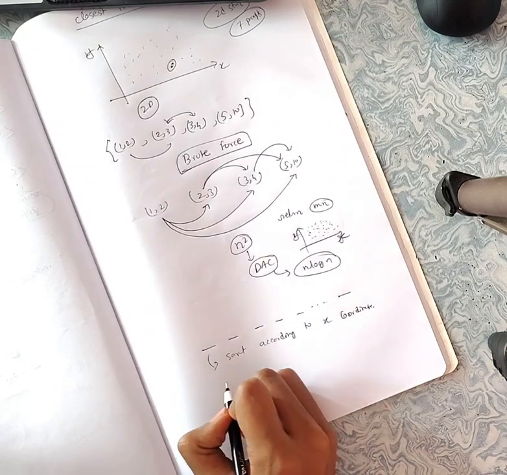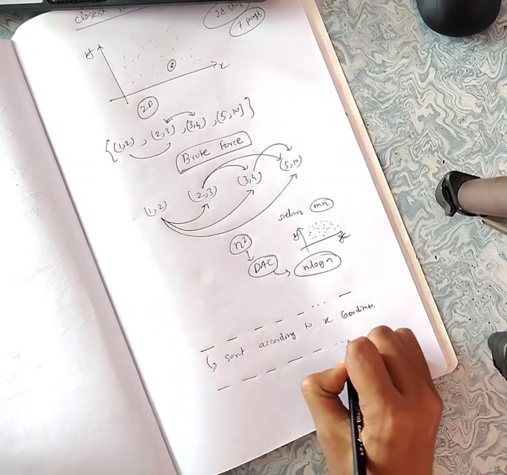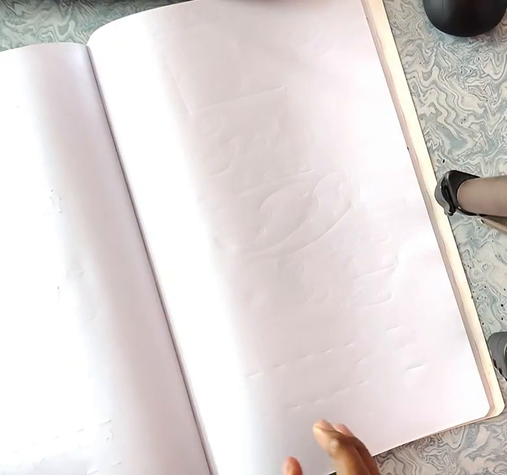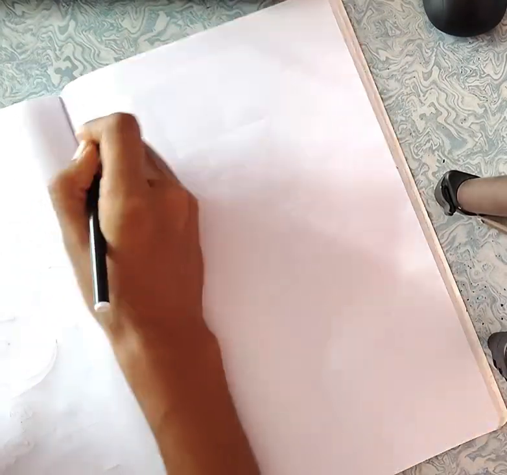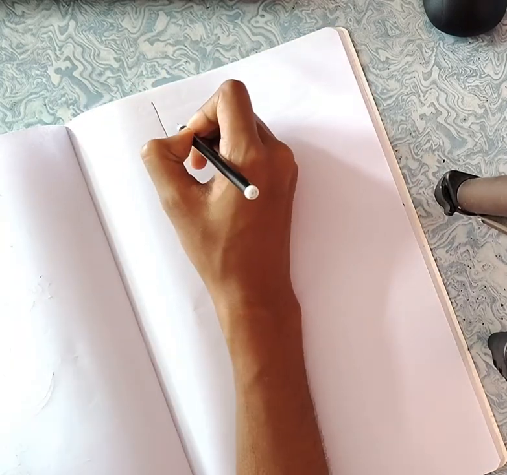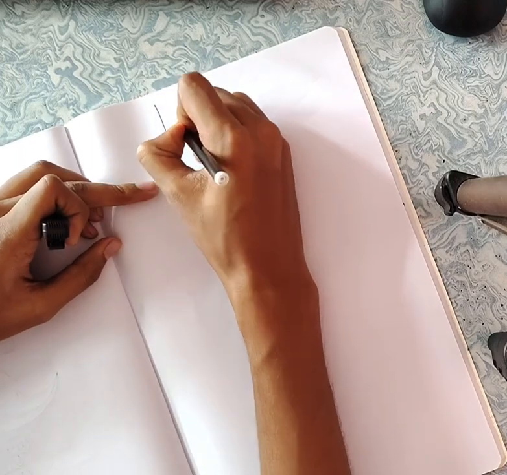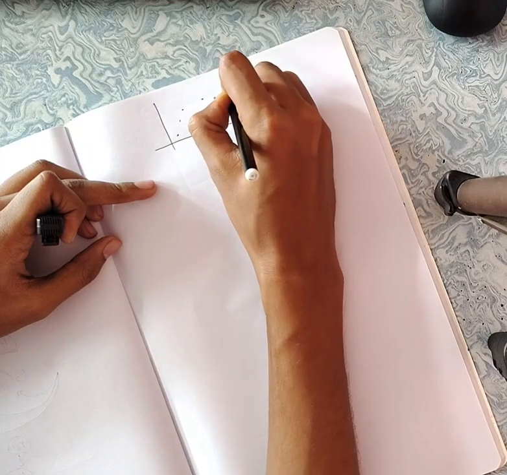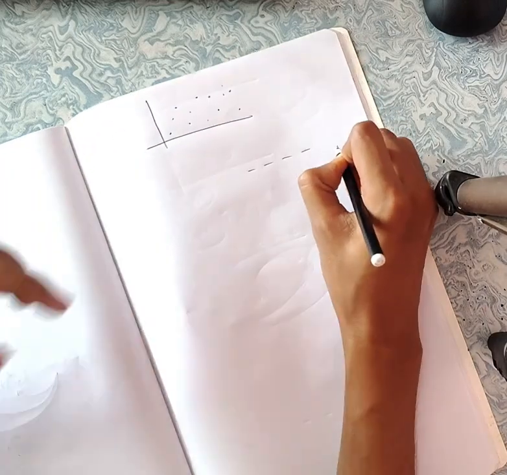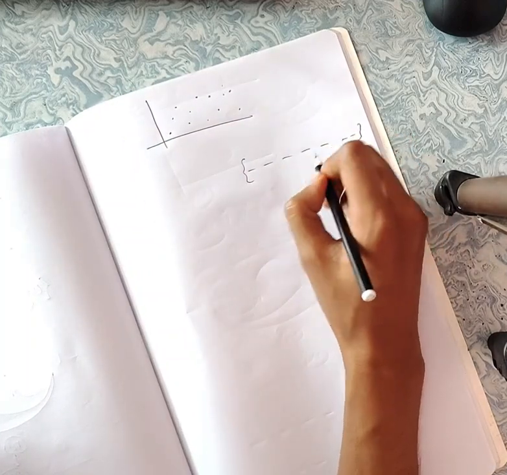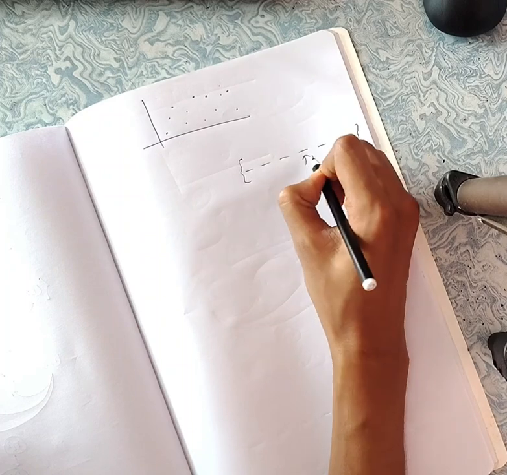And after sorting them according to the x coordinate, you are supposed to get this. Suppose the points are like this way. Here is a point, here is a point, here is a point, here is a point, here is a point, and this is your array sorted according to the x coordinate, and you are going to find the middle.